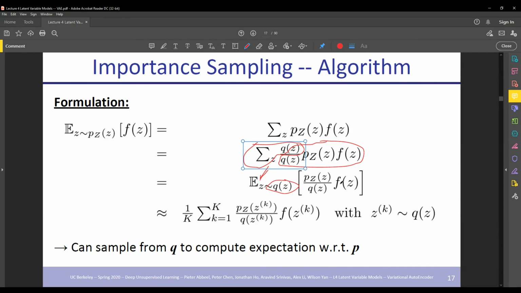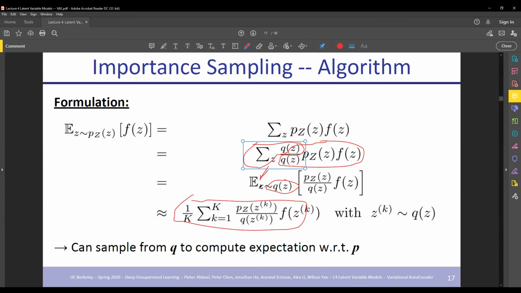Now, we could use the same technique we used for the distribution Pz of z, f of z, and do it here instead, basically translating this expectation by sampling. Now, the challenge is that we haven't completely solved the problem.